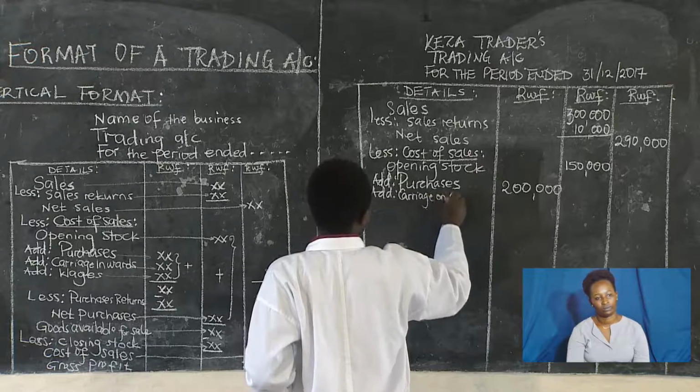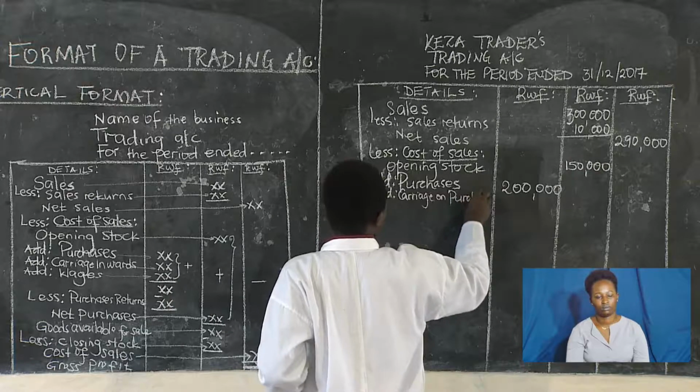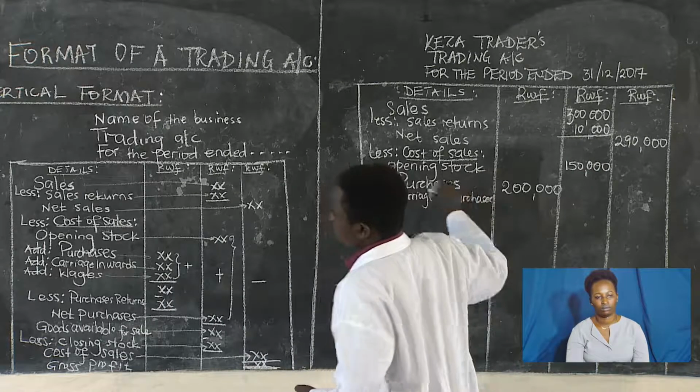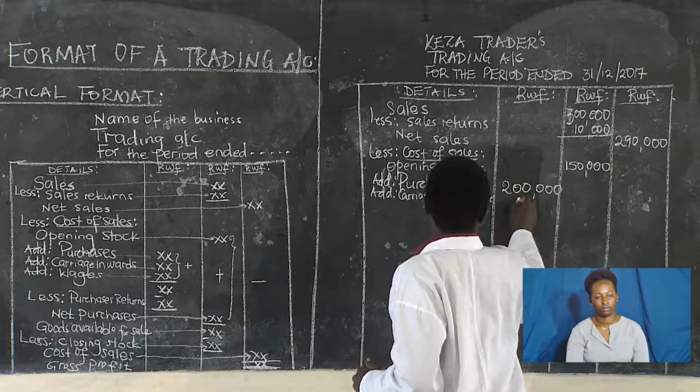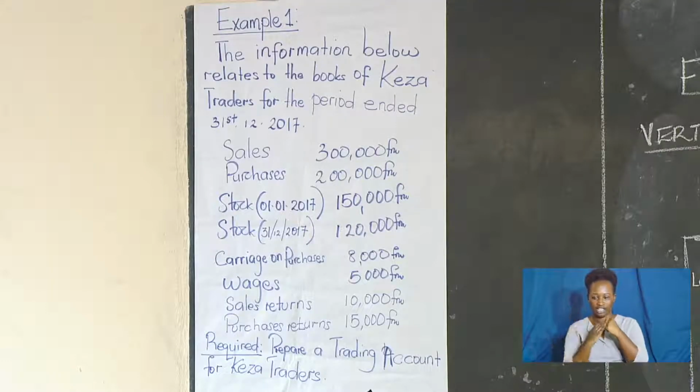Add carriage on purchases. This is a direct expense. Carriage on purchases, which is 8,000. Then add wages. How much is the figure? 5,000, yes.